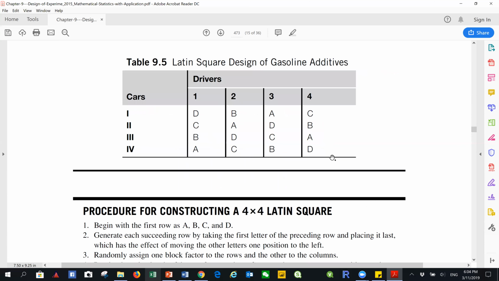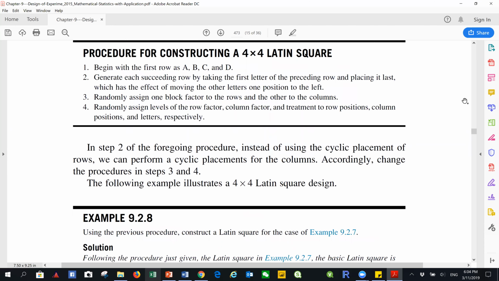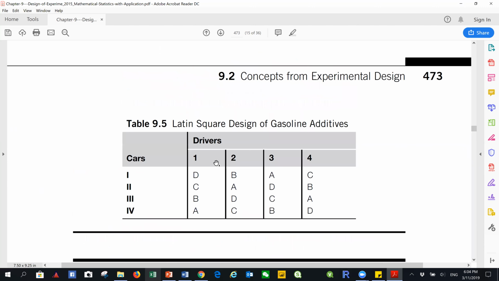You get CBDA. In this way, you will create a square in which each intersection of columns and rows is arranged in such a way that each row has all 4 treatments, and each column has all 4 treatments as well.